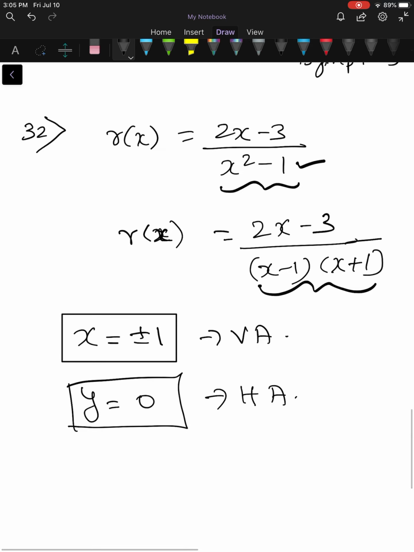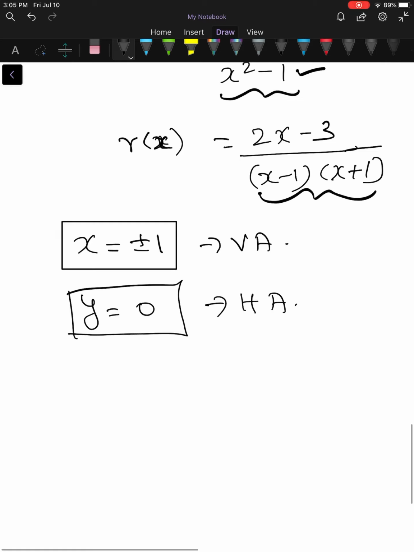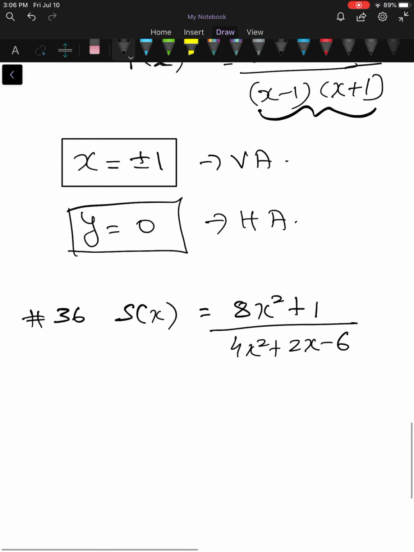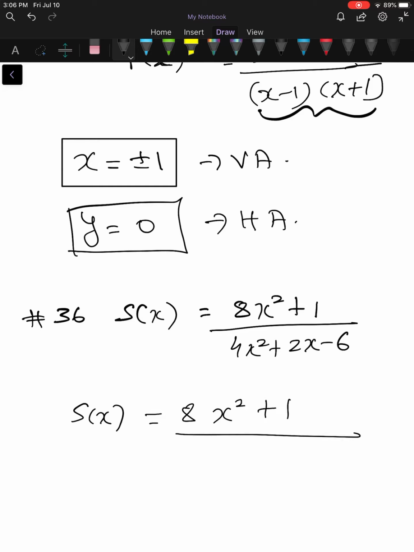I would wish to do another problem. Let me do number 36 for you. Number 36 says that if you are given s of x is equal to 8x square plus 1 divided by 4x square plus 2x minus 6. Fine. Now I have to factorize my denominator.